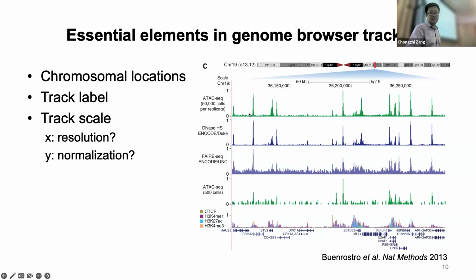And the y-axis means the height, or the number of sequence reads with or without normalization, from each of these different data sets. Once there's a peak, where a lot of sequence reads are piled up together, we know that there is some signal. So this is how to understand these tracks on the genome browser.